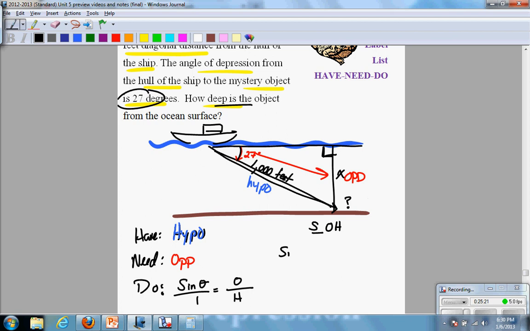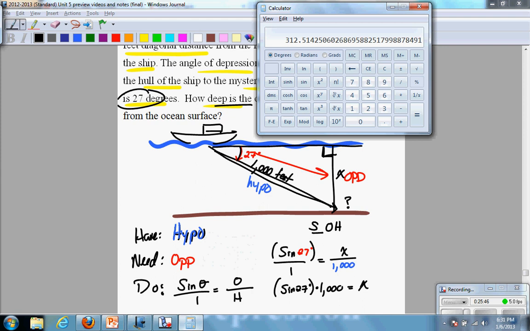We are going to do sine of 27 degrees over 1 equals opposite, which is x, over our hypo, which is 1,000 feet. Cross multiply. We have sine of 27 degrees, keep parentheses around that, times 1,000, equals basically x. So for this one, first we find sine of 27, so 27 sine is 0.4539 or 40, depending where you round.